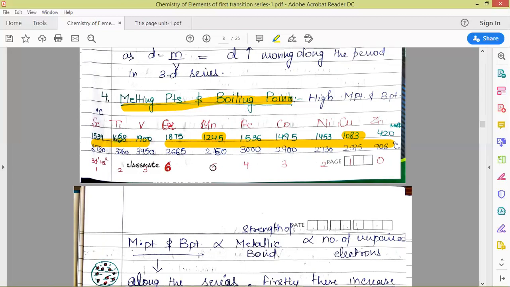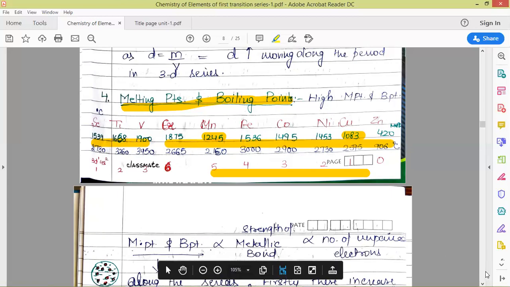It is having 5 unpaired electrons, and so here melting points and boiling points are increasing because the number of unpaired electrons is increasing. After manganese, the number of unpaired electrons is decreasing, and the decrease in the number of unpaired electrons leads to weakening of the metallic bonding, which leads to the lowering of melting points and boiling points.